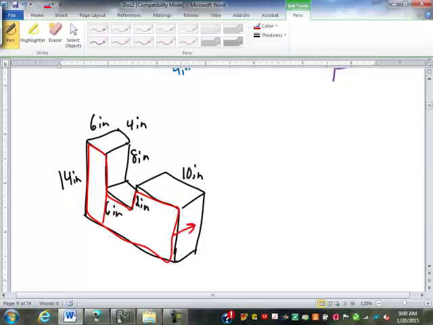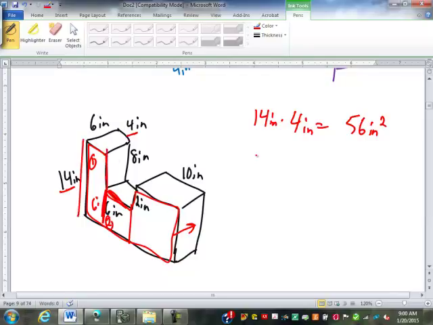So we're going to cut this into rectangles. We've got this first one, which is 14 by 4, or 56 inches squared. This second one here is 6 inches here by 6 inches here. 14 minus 8 gave us 6.